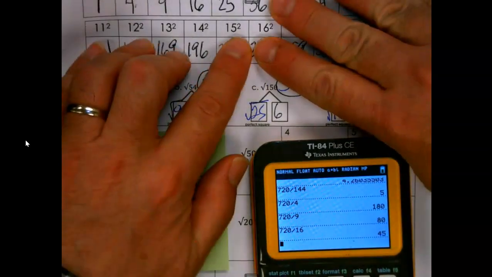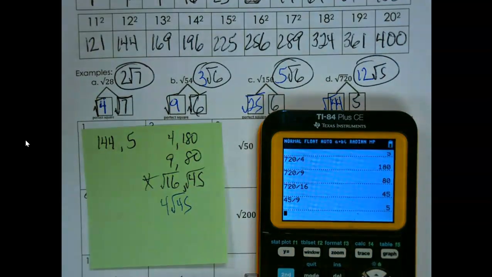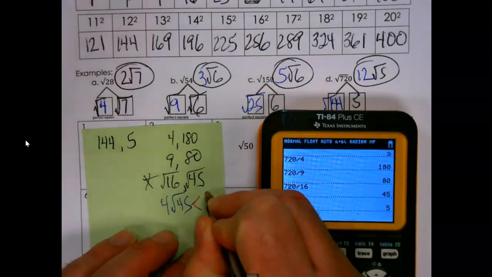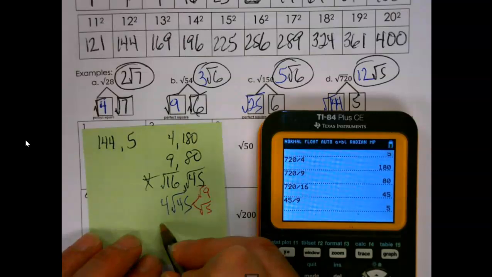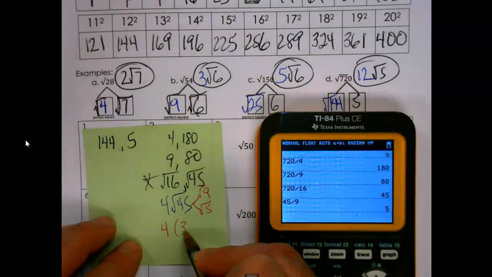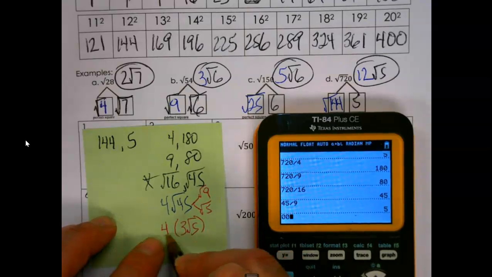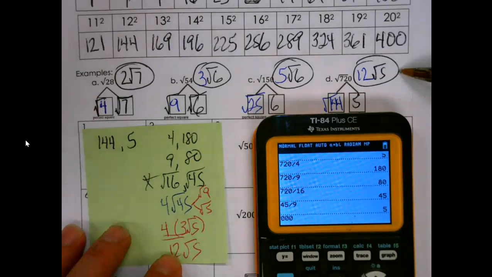If I go look at 45 now and I start trying to divide numbers in, 9 goes in. Now I can get to the right answer, but do I really want to have to break this down again and then multiply the numbers on the outside? I got to the same place.